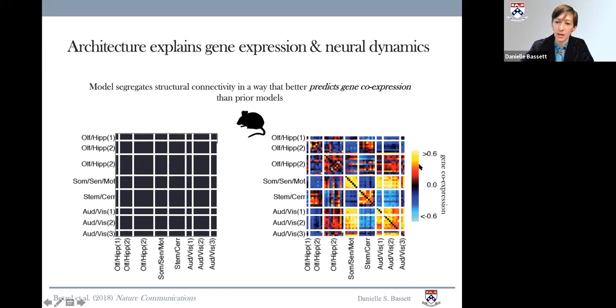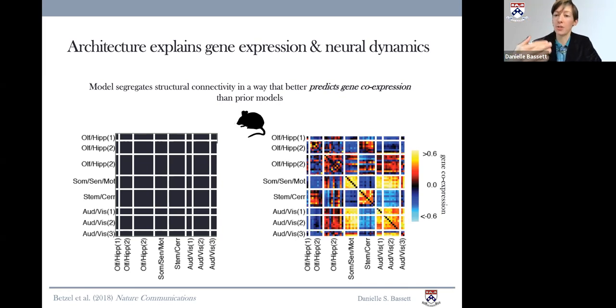You can also see in darker blue sets of regions that have very low shared gene expression, and they're predicted to be in a separate block. I think the fact that these white lines provide very clean demarcations between areas of shared gene expression is indicative of the fact that the structure of the brain network informs, predicts, or explains the function of the brain network.